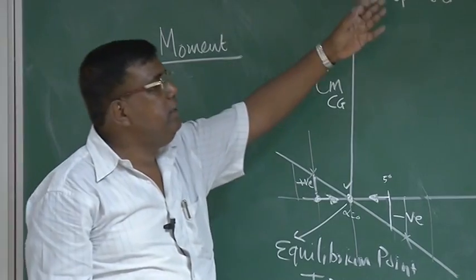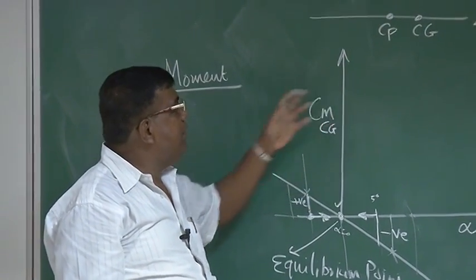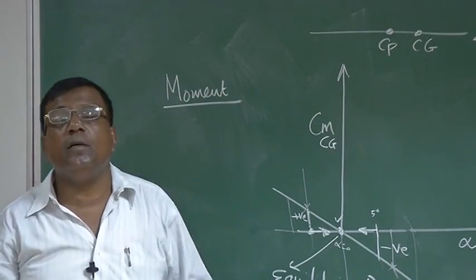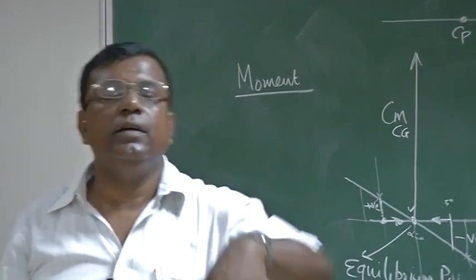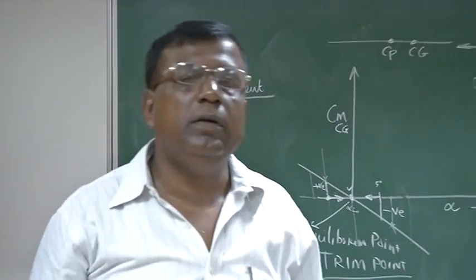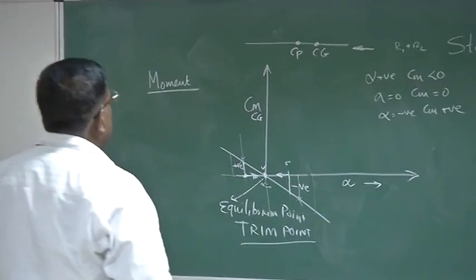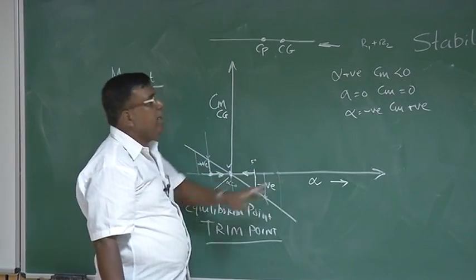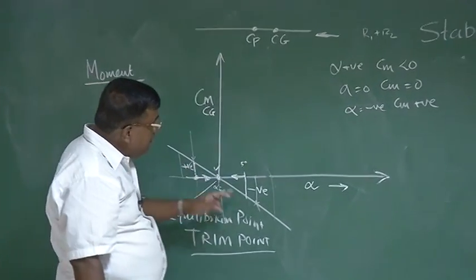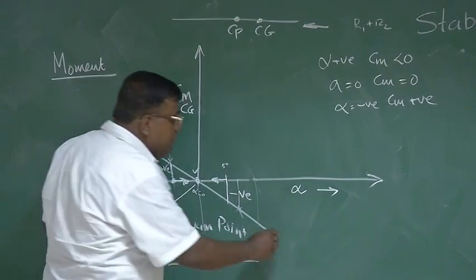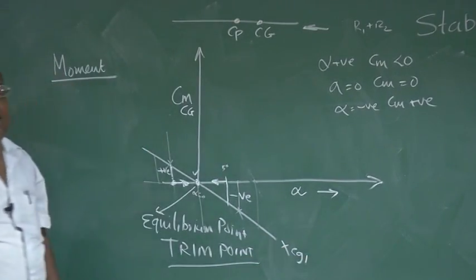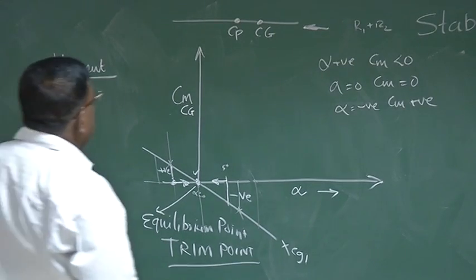If you take this plate for this example, whatever Cm I am writing here, it is about the center of gravity. Why am I taking center of gravity? Because I know in free air, free space, the body will rotate about an axis passing through the center of gravity. So this is the variation of Cm about Cg with angle of attack alpha. So when I draw Cm versus alpha, I must mention that this is for a given Cg location. So I am writing xCg1. Now think of a situation.